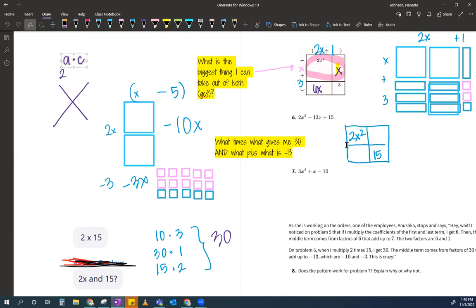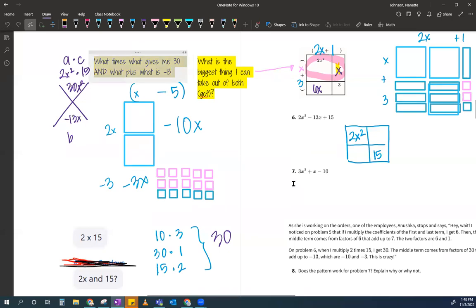And so you guys were thinking of 30x squared. And then on the bottom, I want you to put that middle number. This is B, so negative 13x. So here goes his question right here. This is his question we're going to ask, right?